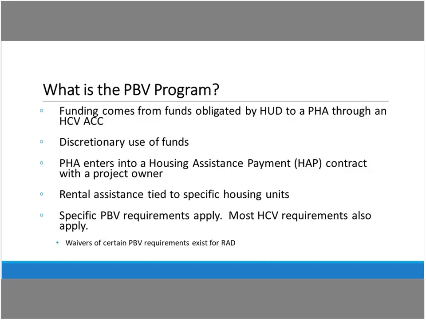Housing authorities enter into a HAP contract with the project owner, a housing assistance payment contract. Rental subsidy is tied to specific units. So those HAP contracts identify the specific unit and the number of units and the rent levels that will go along with those units. And then specific project-based voucher requirements apply. Some of those requirements have been waived through a RAD waiver, and we'll touch on some of the differences when we get deeper into the presentation.